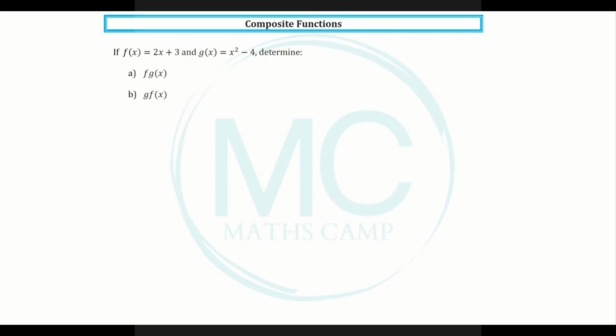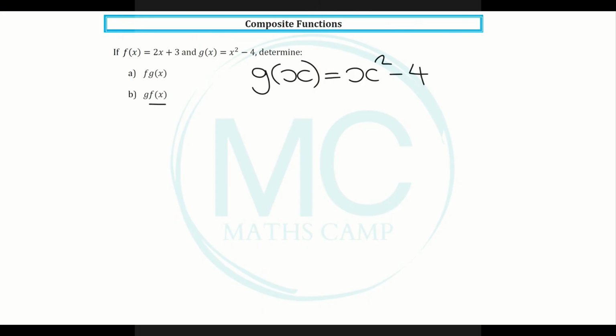Part B wants us to determine g f of x. Now, f of x is our input function. So let's start with the equation for g of x, the output. We say g of x is equal to x squared minus 4.